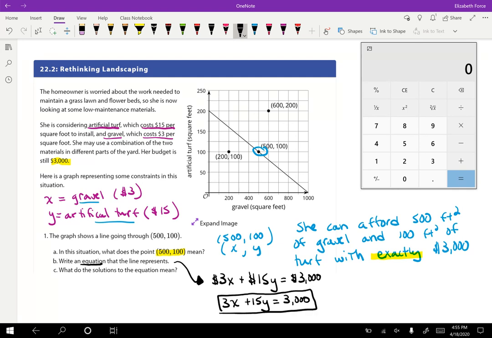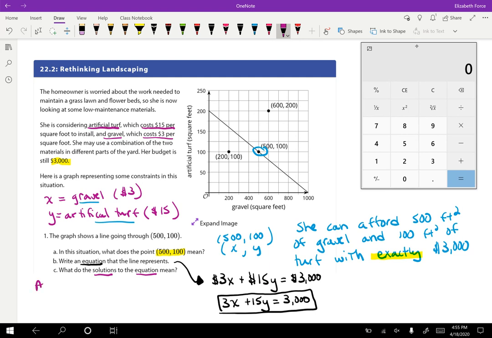And then part C says, what do the solutions to the equation mean? And we've already kind of discussed it in part A, but a solution to the equation means every possible combination that she can come up with using all of her $3,000.